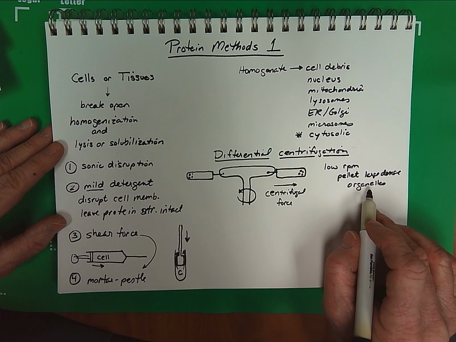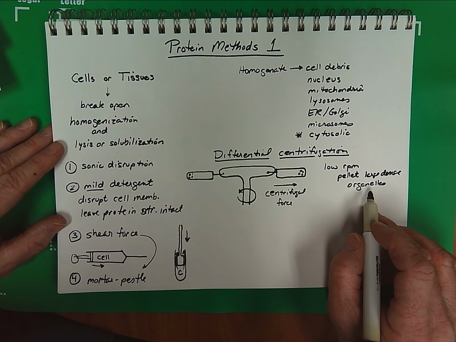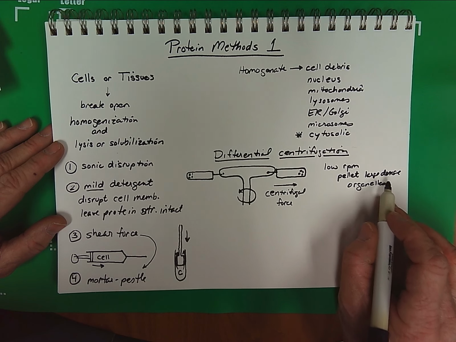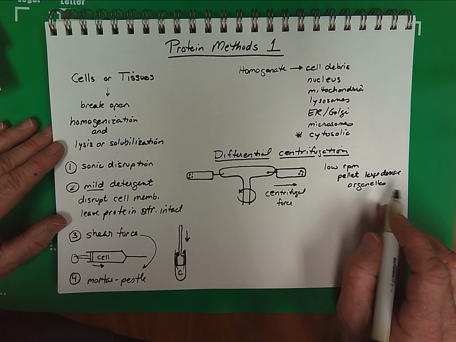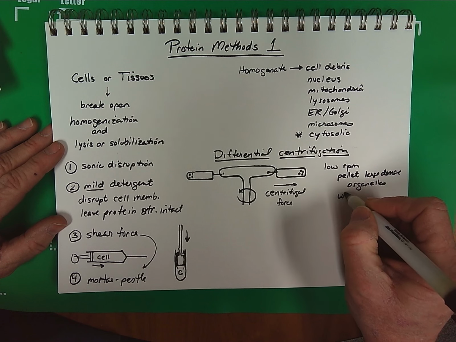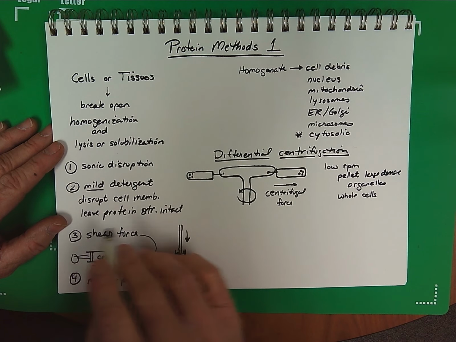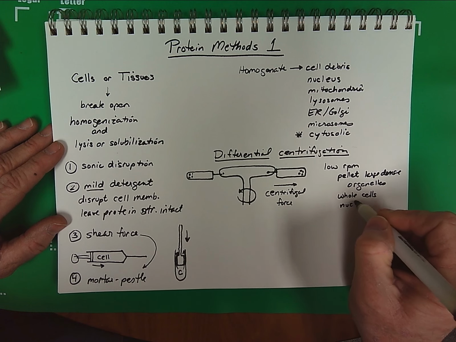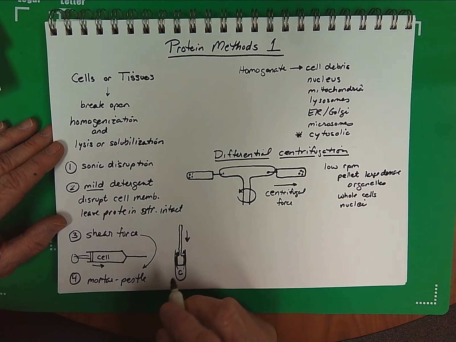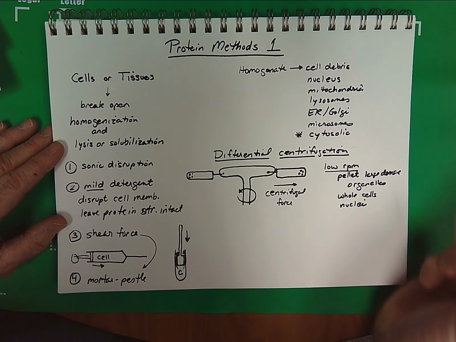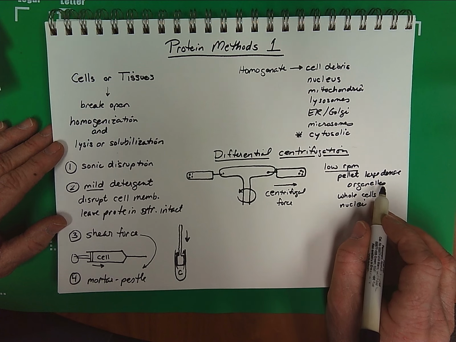Which one of the organelles can be considered to be large and dense? Well, this is primarily whole cells that have not been disrupted by our procedures here, and nuclei. Nuclei are very, very large, so they are very dense.